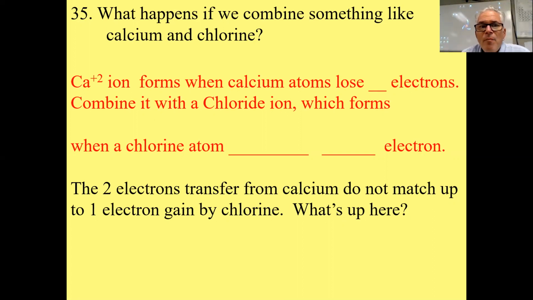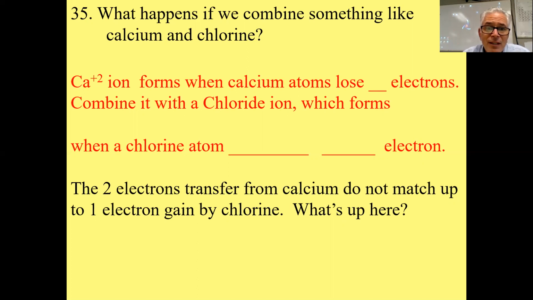Calcium is a metal. Metals have to lose electrons so they become isoelectronic to a noble gas. Now, the closest noble gas to 2-8-8-2, to number 20, would be number 18, argon, 2-8-8. So calcium has to lose 2 electrons and become a positive 2 ion.